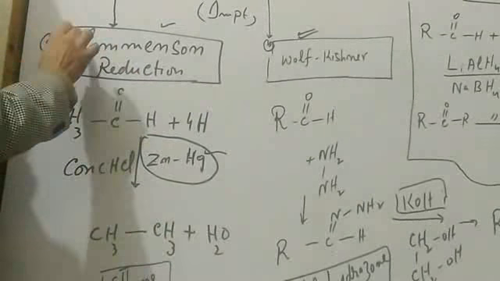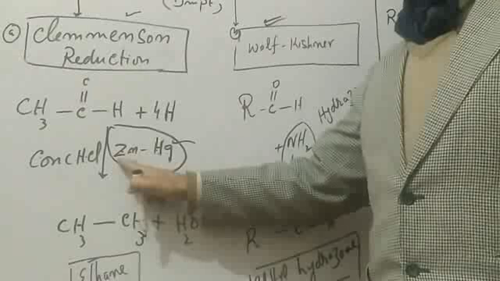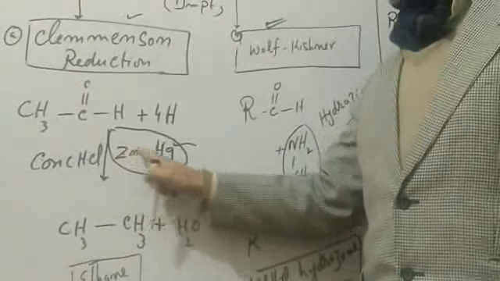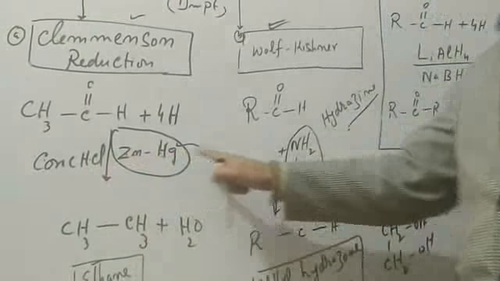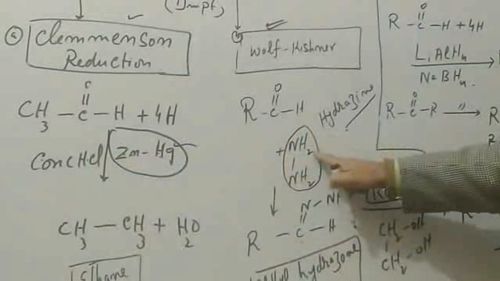These two reactions, Clemmensen reduction and Wolff-Kishner reduction, differ from each other in the nature of the reducing agent. Here zinc amalgam and concentrated HCl are used as a reducing agent, while here hydrazine is used.